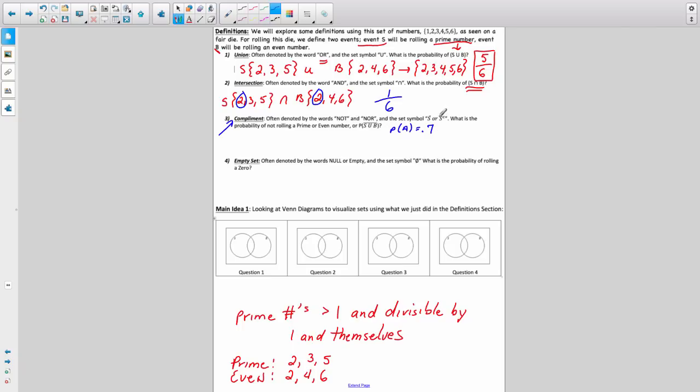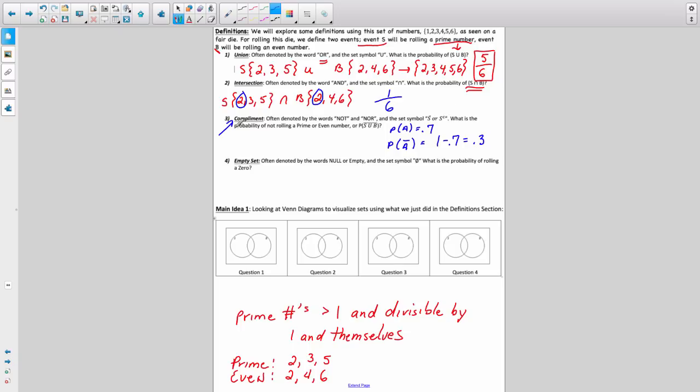So if the max is 100 and the probability of an event happening is 70%, then the probability that it doesn't happen, which is an A in this example with that line on top, would be 100% minus the probability of it happening. So as you can see, quite simply, it would just be 30%. So that's what complement is. And they use these words not or nor in the word problems. And visually speaking, they can be the set with a line over the top, or the set letter with an exponent of C, which stands for complement.